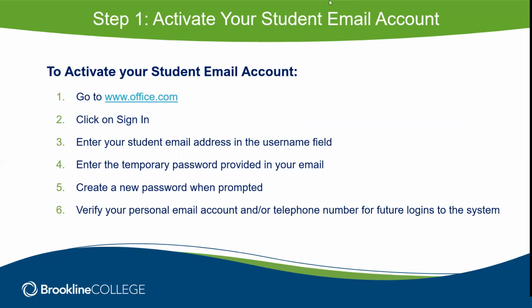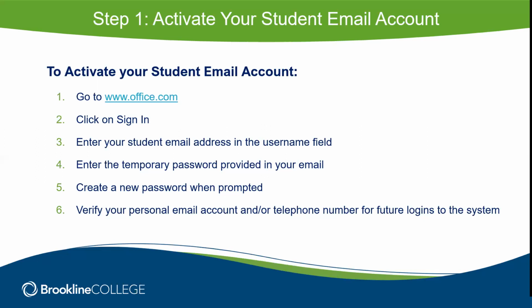Awesome, all right. So your very first step, everyone, if you have not already logged into your Office 365 and school email account, and we're going to walk you through the steps here, is to go to office.com, the web page, and then click on the sign in button. We'll have you enter in your email address and the temporary password that we provided to you at the time of enrollment.